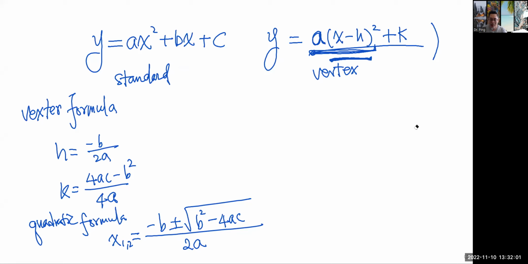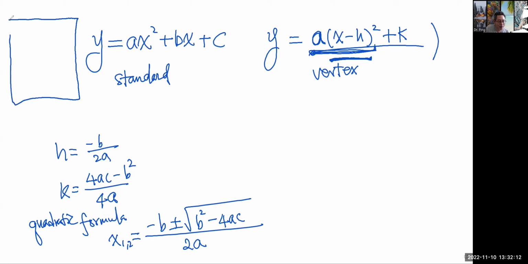So I'm going to write this on the side, so it reminds us what we're trying to get. h is minus b over 2a, k is 4ac minus b squared over 4a.